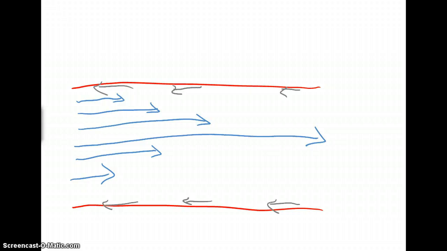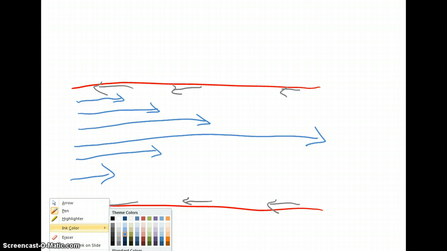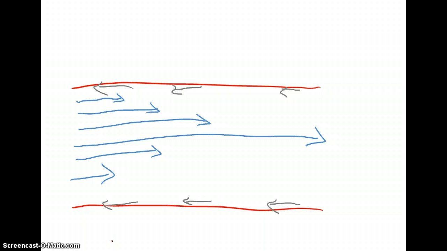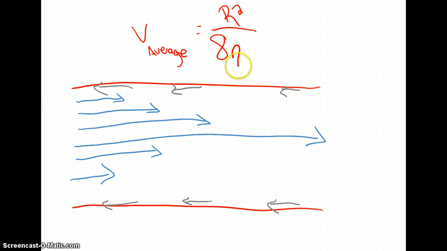And so knowing this, we can actually rearrange that little formula that we've already talked about with our milkshake, and if we know the pressure differential, we can find the average velocity of that liquid. The average velocity of that liquid is equal to the radius squared, that would be the radius of the pipe or the straw or whatever it may be, over 8 times the coefficient of viscosity times the length, and then all of that times the change in pressure.